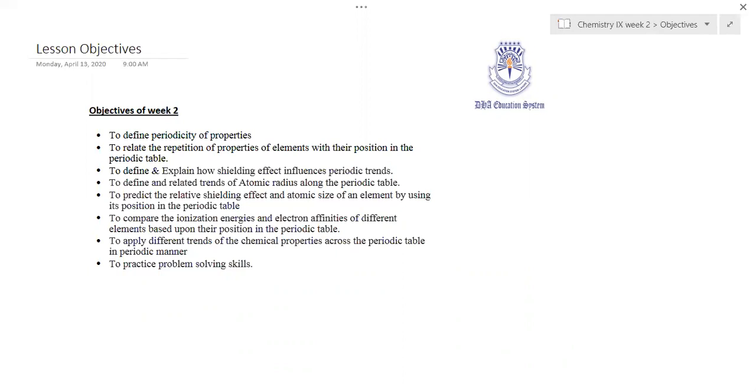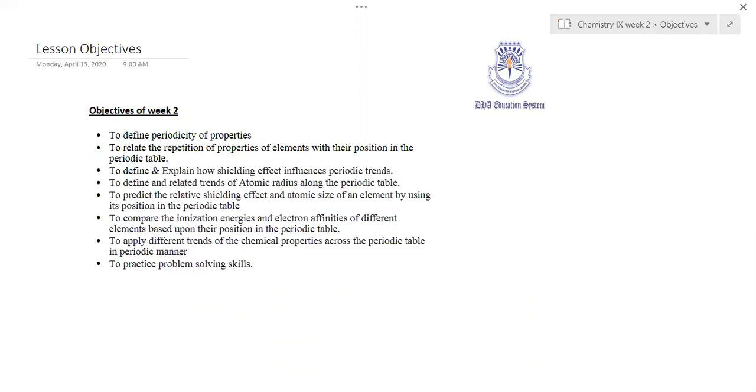Next, you should be able to define and relate trends of atomic radius. Then you should be able to compare the ionization energies and electron affinities of different elements, predicting the relative shielding effects and atomic sizes of different elements, applying different trends of chemical properties across the periodic table. Last but not the least, to practice problem solving skills, the written assignment has been specifically designed to help you with it.